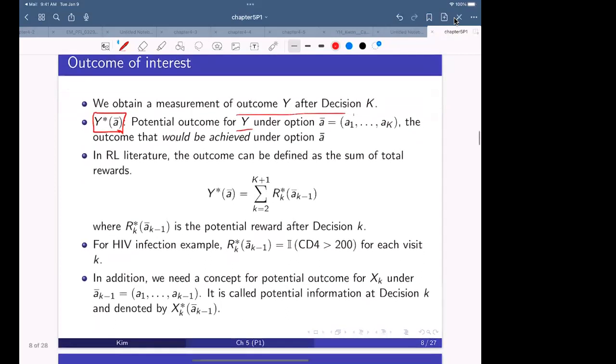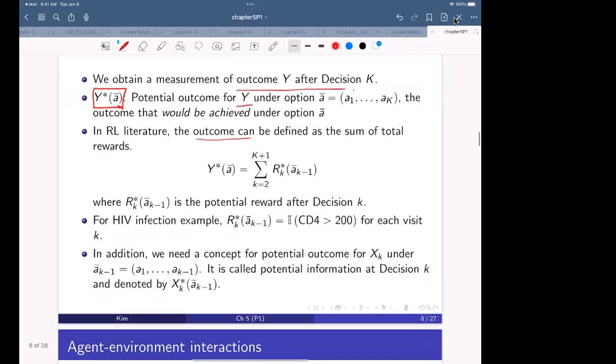Sometimes we observe a reward at every visit, like the number of clicks. In this case, the outcome can be defined as the sum of the total reward. But the problem is that we don't really obtain all possible options. That is the tricky part.